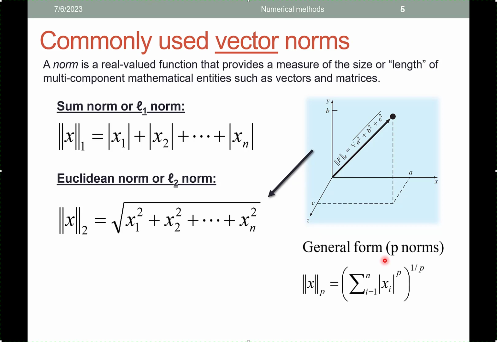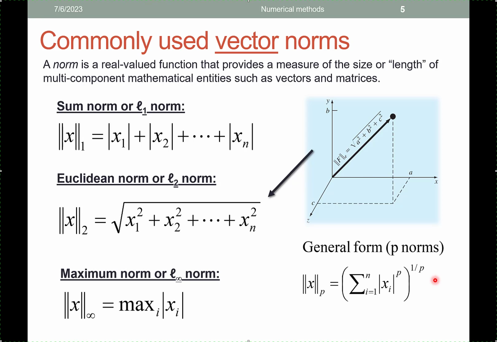The general form is this, where the norm of a vector x is the sum of the absolute values of all the components in our vector to the power of p, and all of this to the power of 1 over p. Again, that's just a general form.